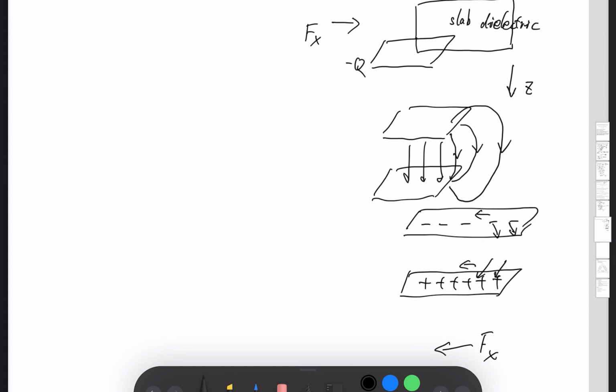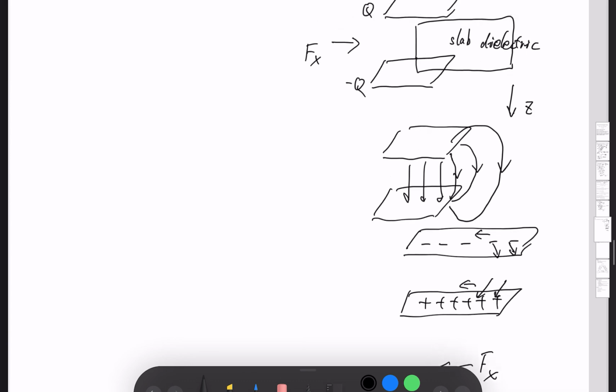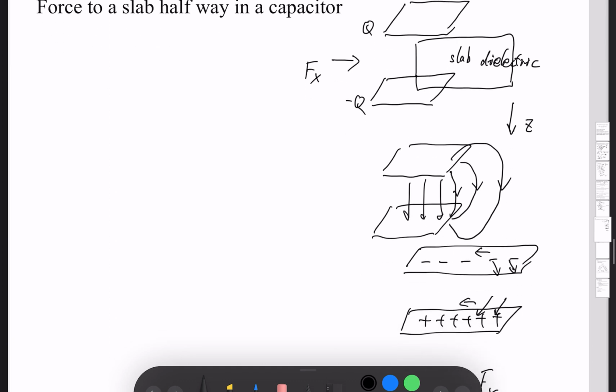Instead of solving for the force produced by this fringing field, what we can do is look at the energy difference in the two configurations where this slab is moved slightly to the left by dx, and then calculate the potential energy difference.